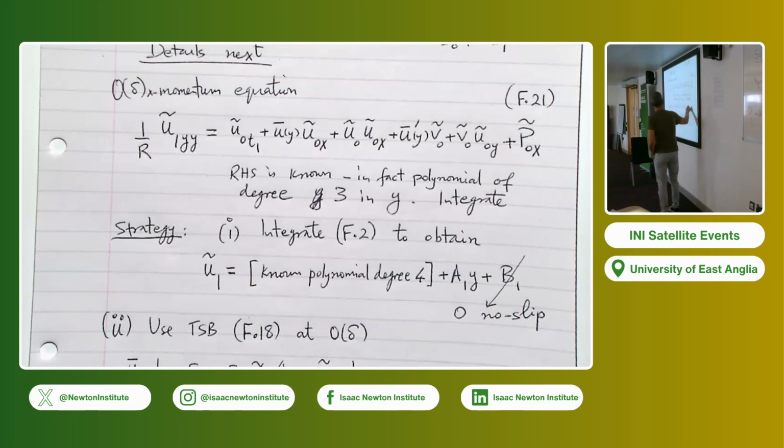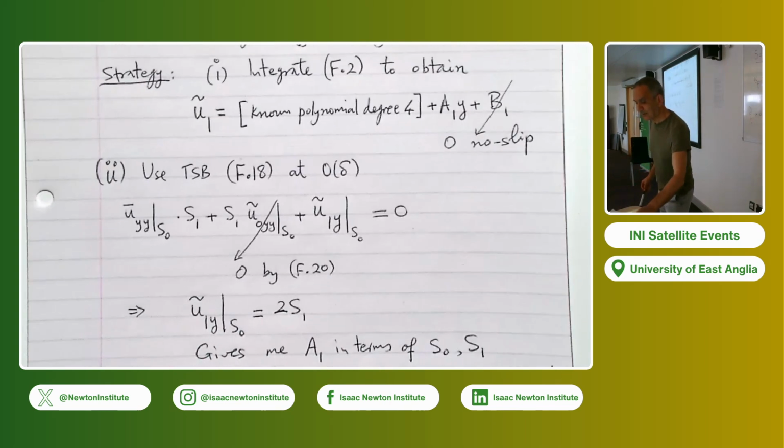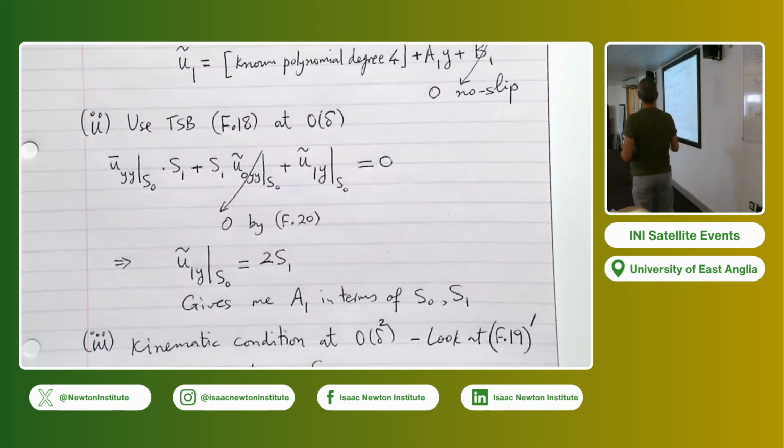This is the strategy. Integrate F21, and then I get two new constants, A1 Y plus B1, but B1 is 0 because there's no slip on the wall. And then the next stage is I have to use a tangential stress balance to determine A1.